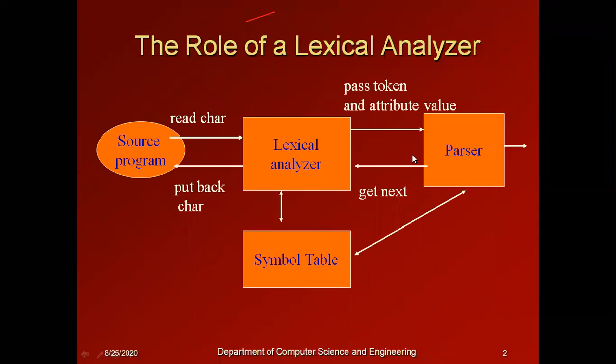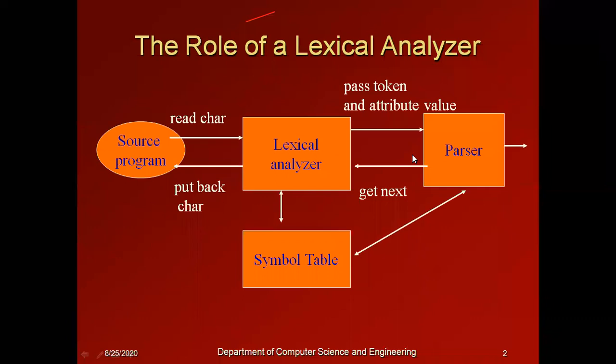As I told you earlier, while designing the compiler, you can mix these two phases into a single pass, because they are somewhat correlated. The lexical analyzer will produce tokens, and the parser will get the tokens and try to arrange them in a valid structure.